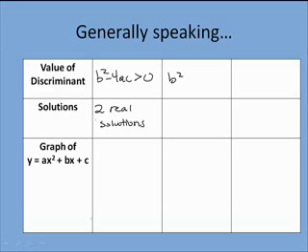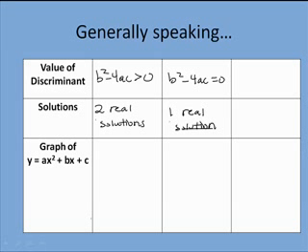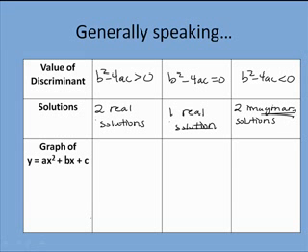If our discriminant is equal to 0, we have 1 real solution. And if our discriminant is less than 0, so a negative value, we're going to get 2 imaginary solutions. And that means it's going to have that i value in it.